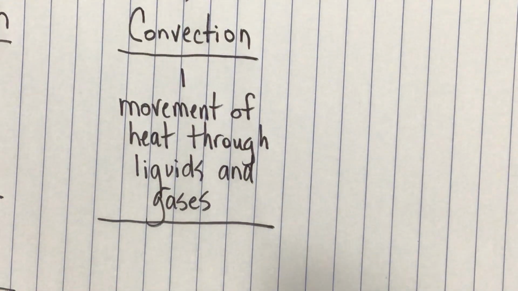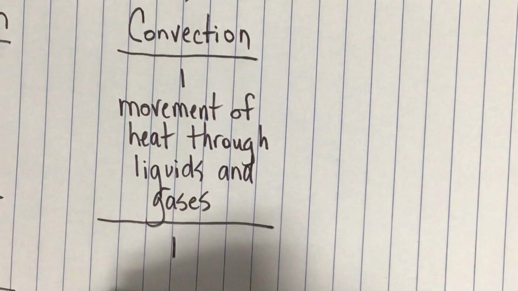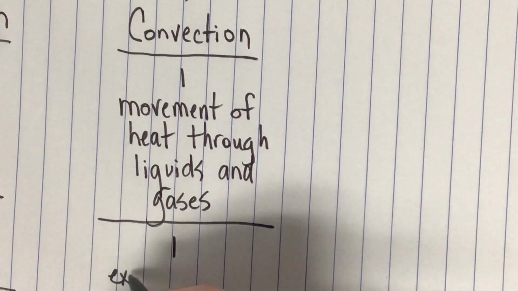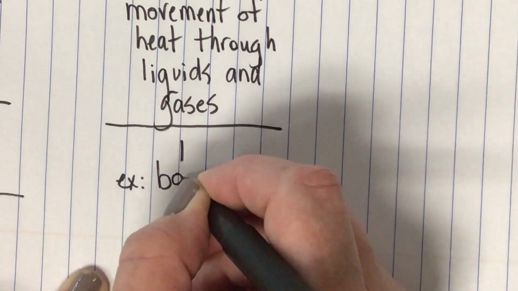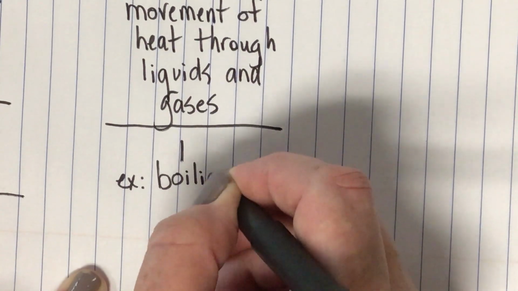And one example they gave us was when you boil water in a pan. We'll just shorten it to boiling water.